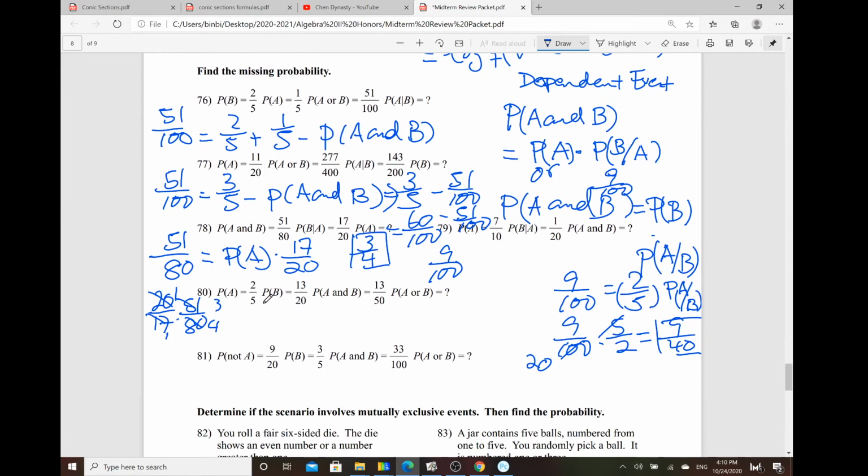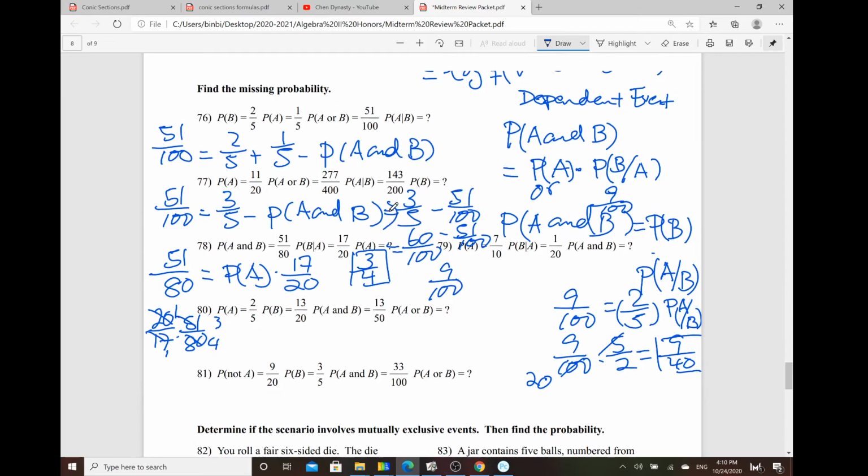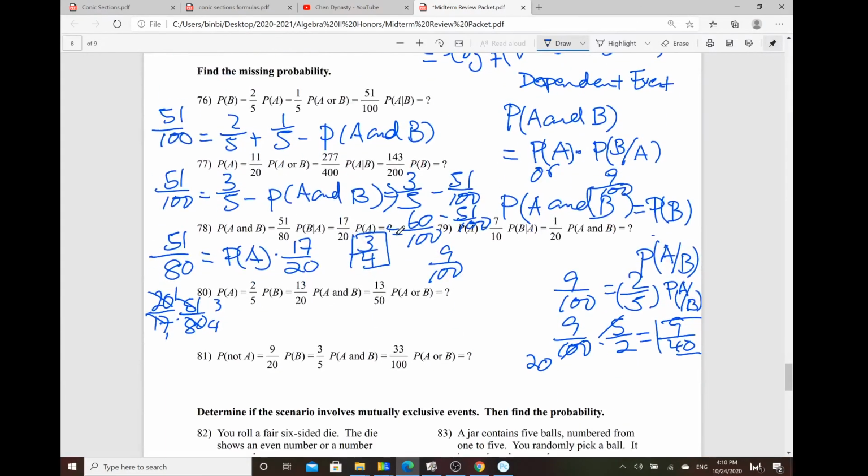And then 80 is quite similar to the previous one. So find out the probability of A or B. So you need to find out the overlapping. Well, the overlapping one is given already. So you want to find out the probability of A or B, using the overlapping probability formula.